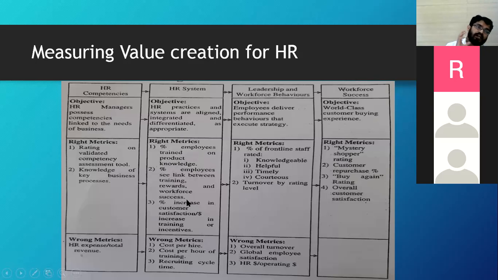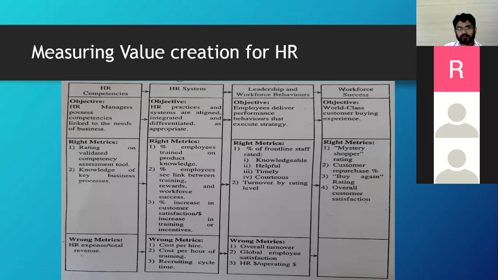How many of them are really satisfied with the training given to them and are able to link it with success at the workplace? Third is percentage increase in customer satisfaction relative to increase in training or incentives.